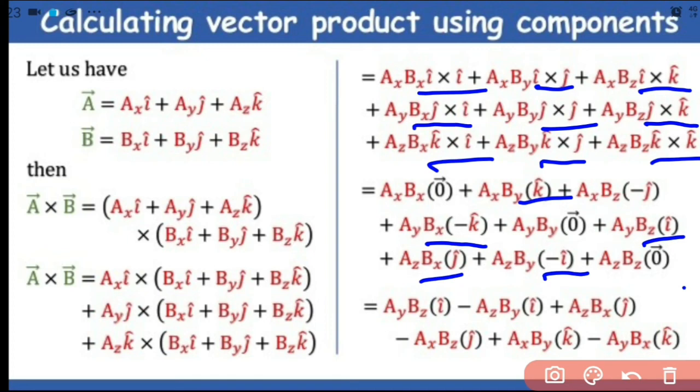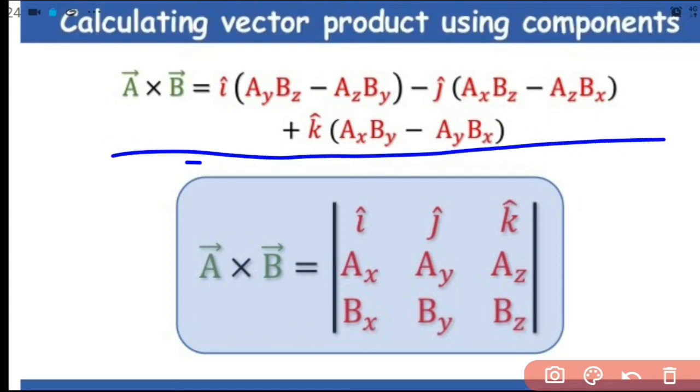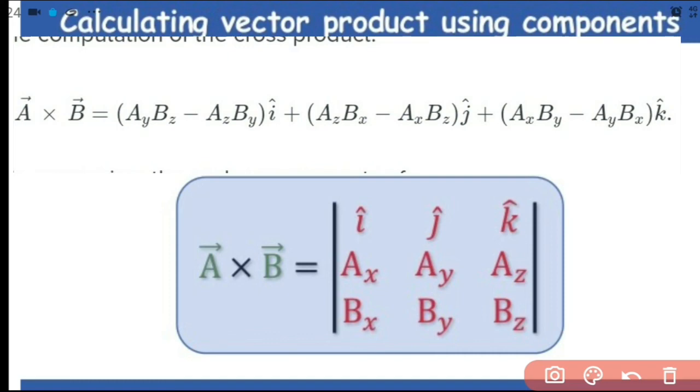Now taking the common terms outside, we get vector A cross vector B as i into (ay bz minus az by) minus j into... so you can write it as plus also, in that case the order changes, that is plus j into (az bx minus ax bz) plus k into (ax by minus ay bx).